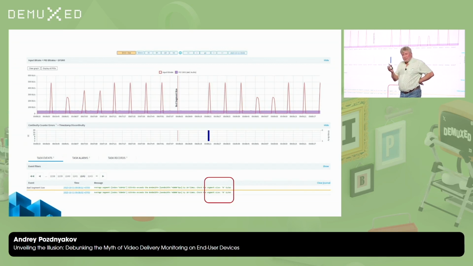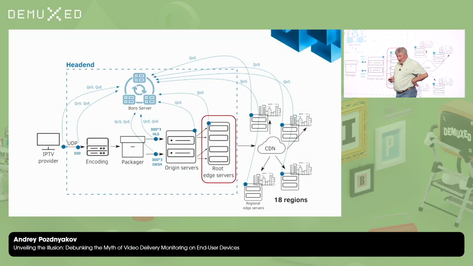First we started to talk with the encoder guys and installed our probes on the ingest and after the packager. And everything was fine. Then we installed probes at the entrance to the CDN, and saw that there are 0 size audio chunks.